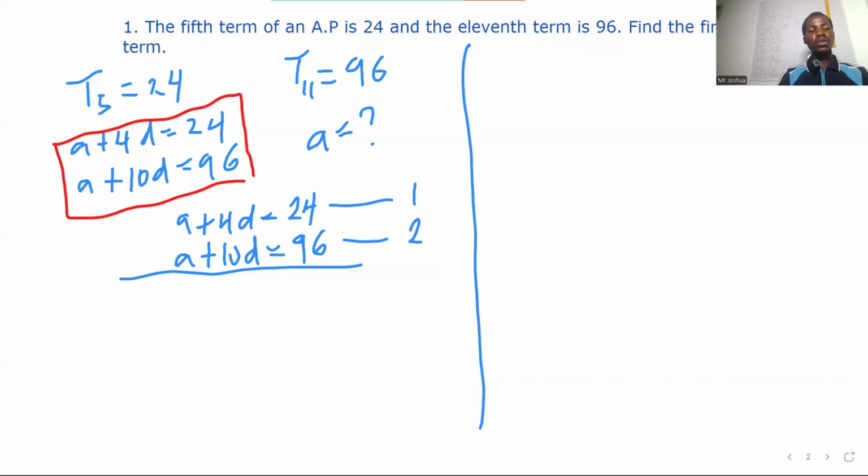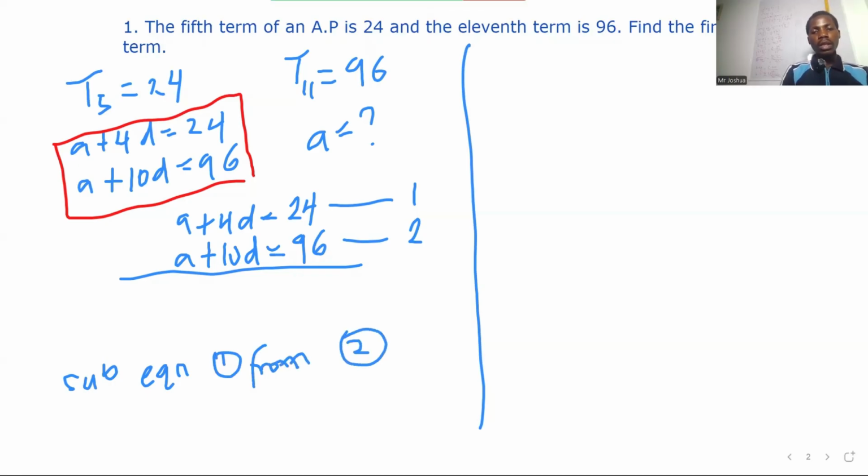So to reduce the stress, you can actually do it in a very simple step. Simply, you are going to subtract equation 1 from 2. If you subtract equation 1 from 2, what are you going to have?